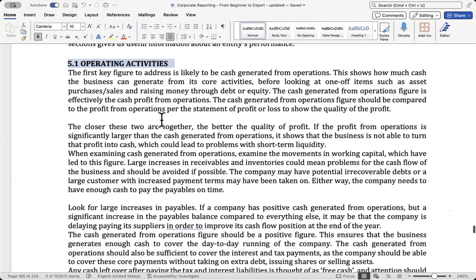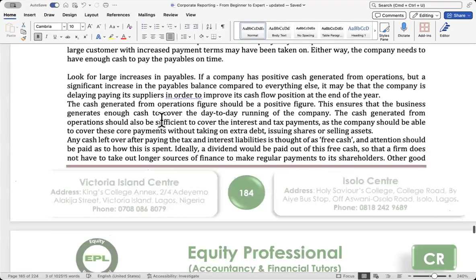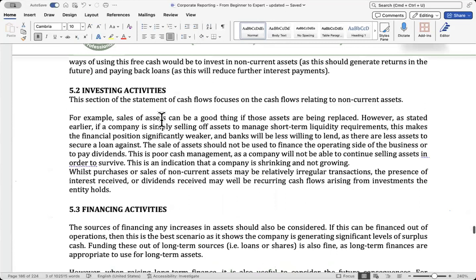When you now go to investing activities, that's when you will now see the movement within their long-term assets. And when you see a company that is selling its assets, you need to ask, why are they selling their assets? What are they using it to do?